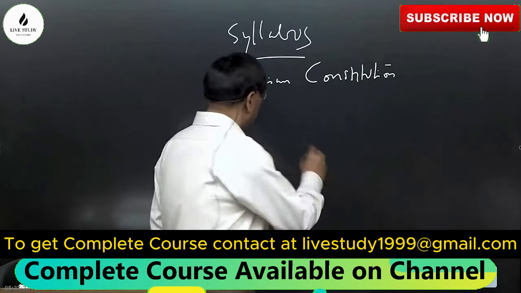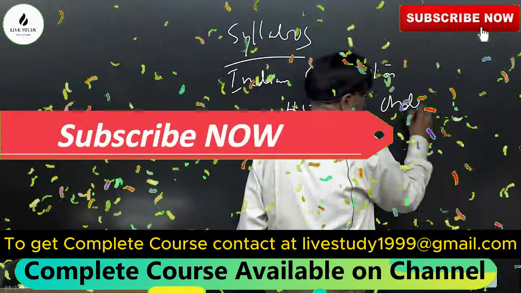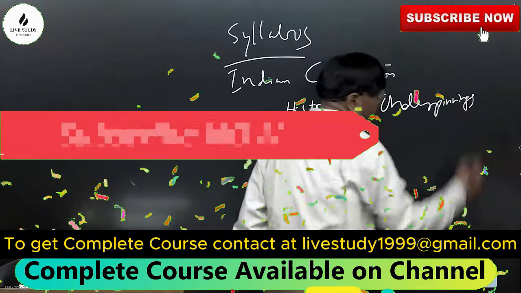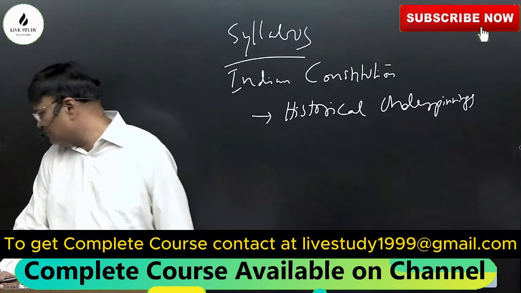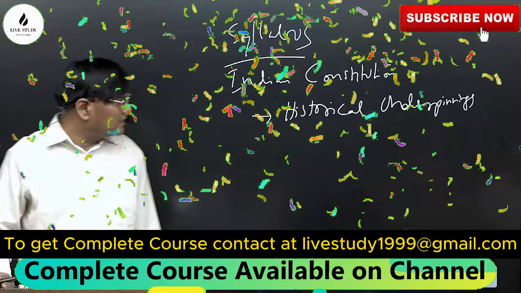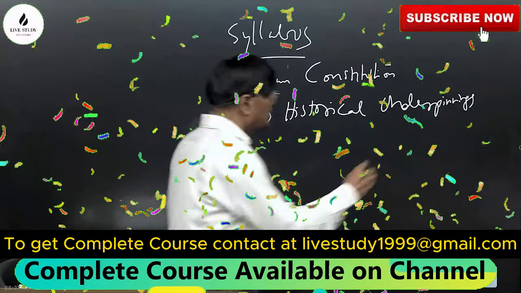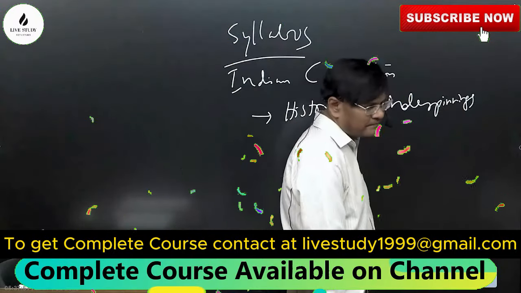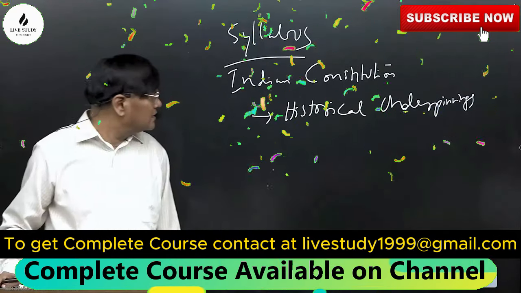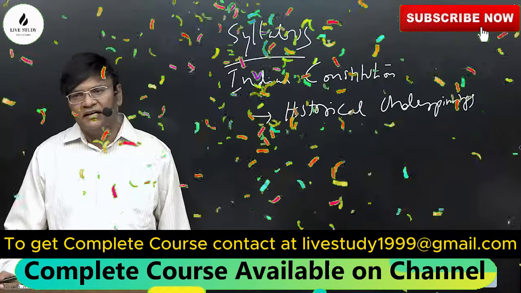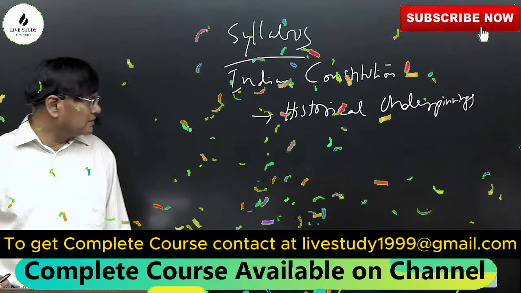As part of this, we will be looking at the historical underpinnings. That means we are basically talking about how our constitution has evolved over a period of time, how we have come to the present constitution.